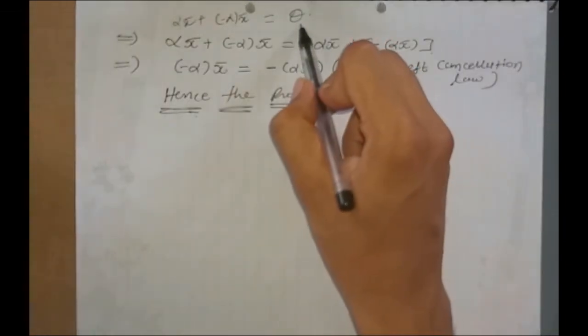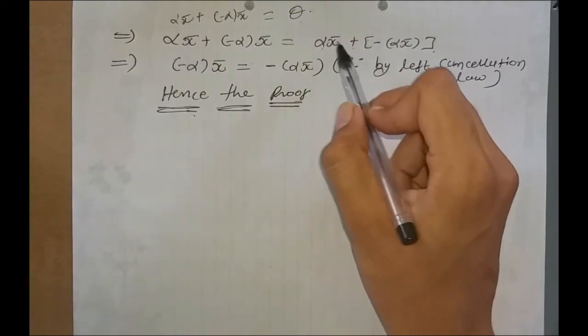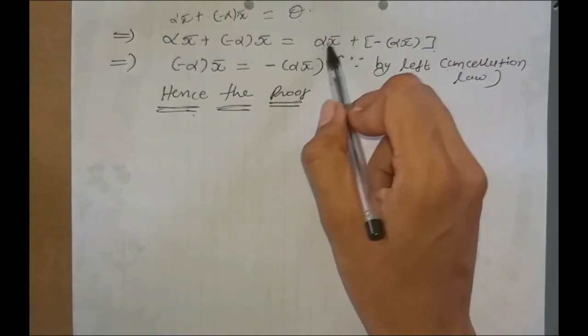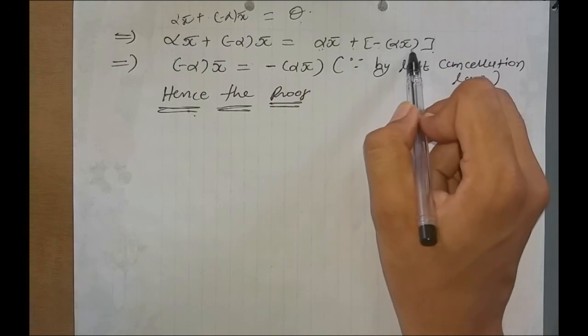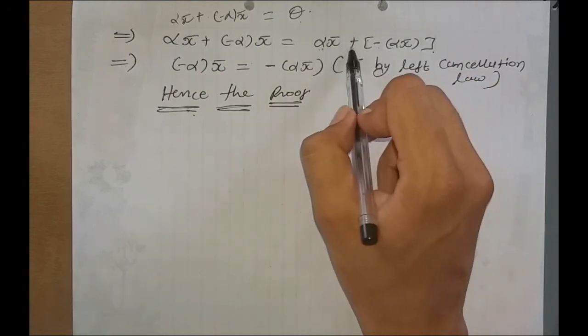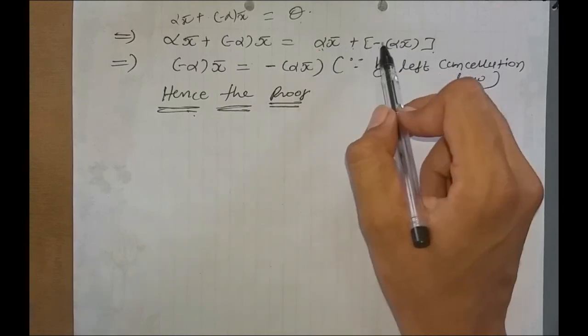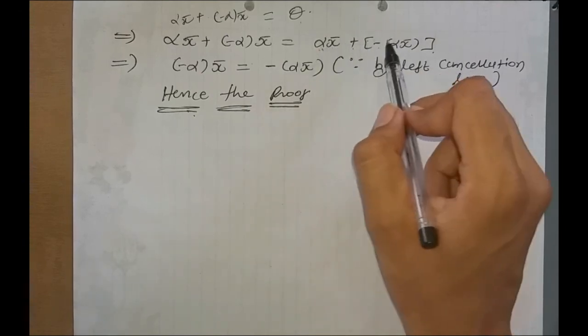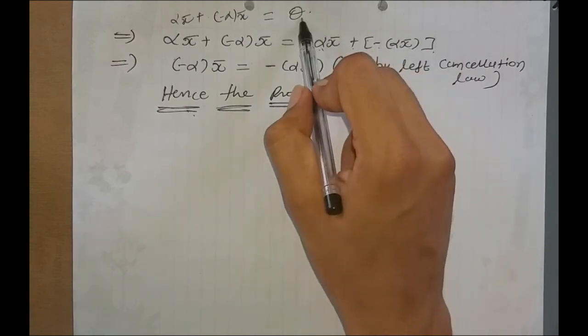Now theta can be written as alpha x bar plus the opposite vector of alpha x bar, which is minus of (alpha x bar). So alpha x bar added with the opposite vector of alpha x bar, that is minus of (alpha x bar), gives theta.